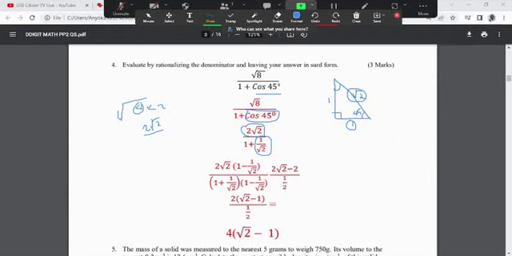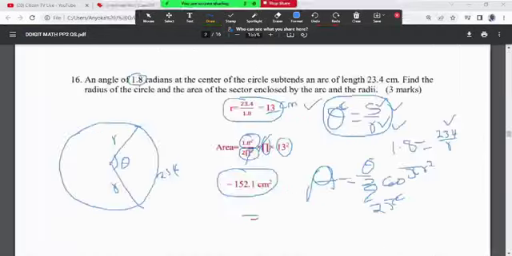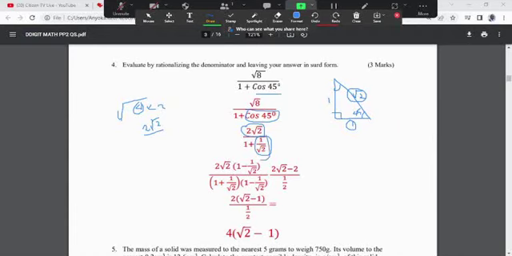To rationalize the denominator, we multiply both the numerator and the denominator by the conjugate of the denominator. To have the conjugate of the denominator is very simple: we change the sign between the two terms. So if this one was positive, now here it becomes negative.